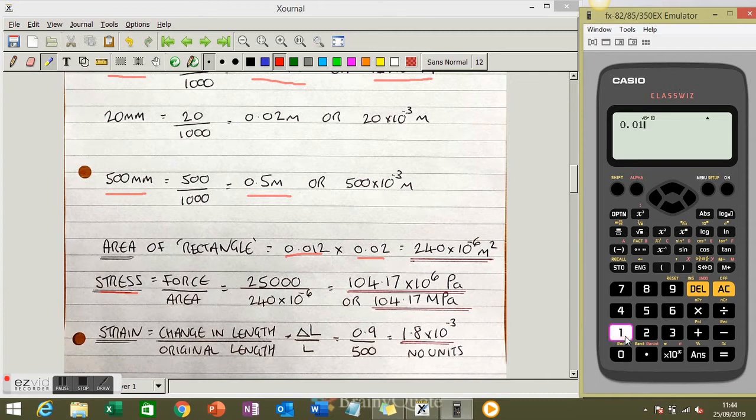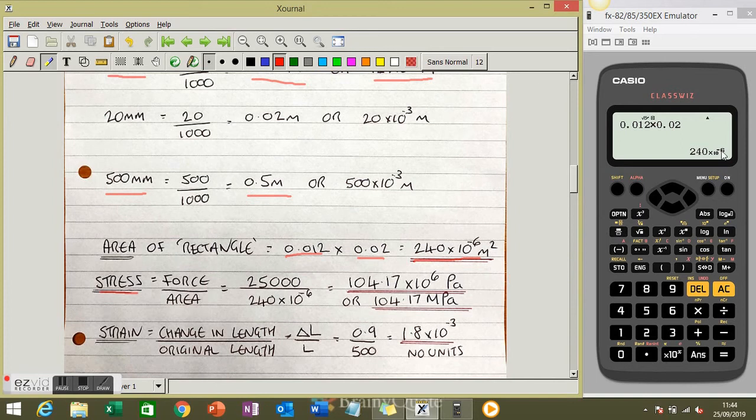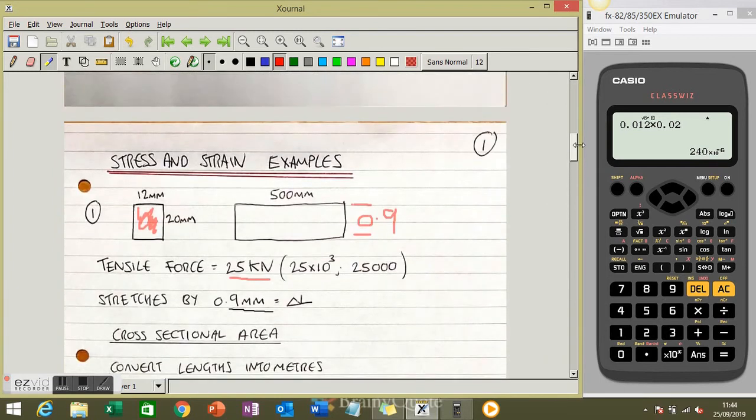So on my calculator I'm doing 0.012 times 0.02 equals. If you press ENG, there we are, 240 times 10 to the minus 6 square meters. That's our area.